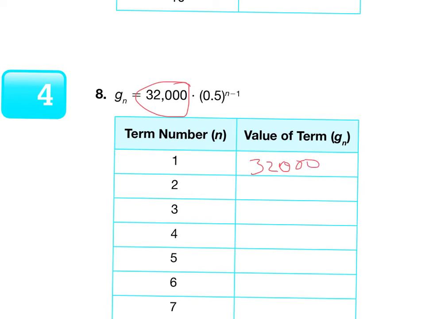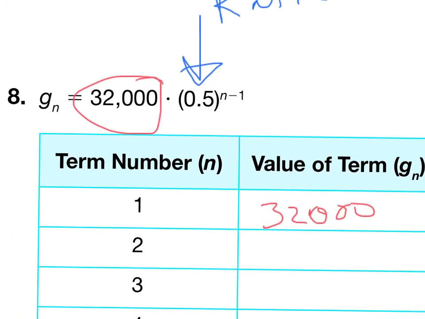That's your first thing. And then the multiplier is half. So the ratio is half. Okay? So the exponent is 2 for n minus 1. So basically, I'm going to guide you through this one, and then you can finish the rest.